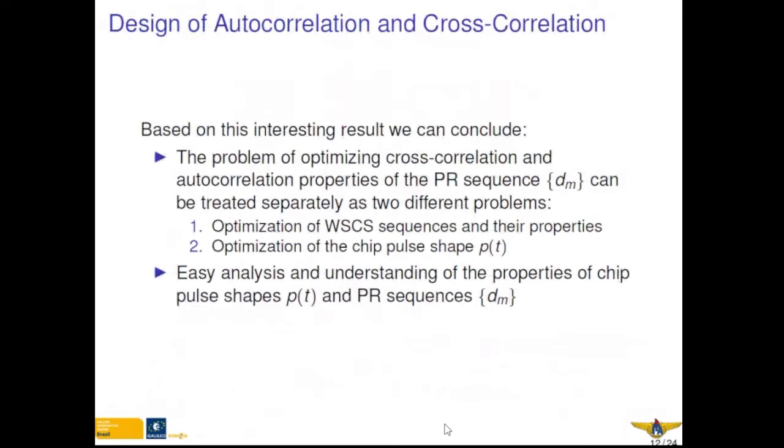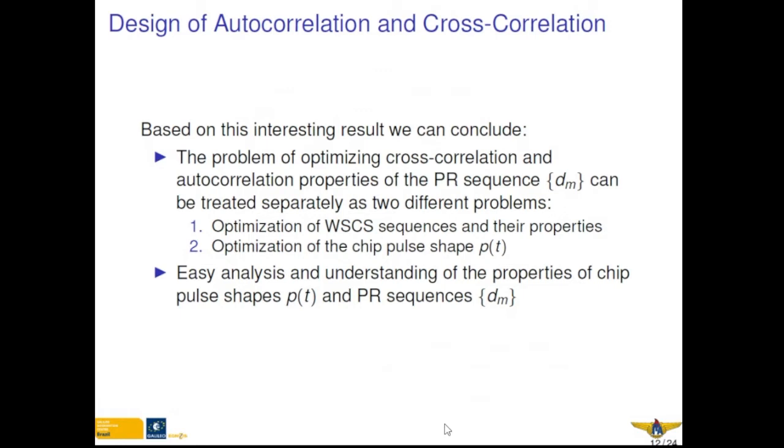Based on this model of the autocorrelation function, we can conclude that the problem of optimizing cross-correlation and autocorrelation properties of the pseudo-random sequence can be treated separately as two different problems. We can optimize the WSCS sequences and their properties in one problem, and we can also optimize the chip pulse shapes, only with respect to the autocorrelation function in our case.